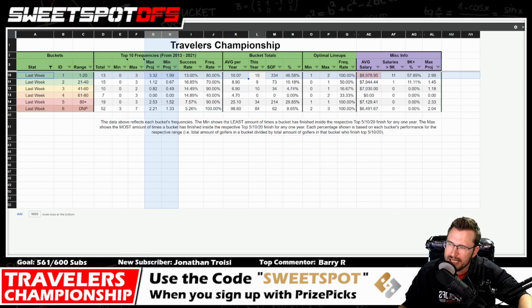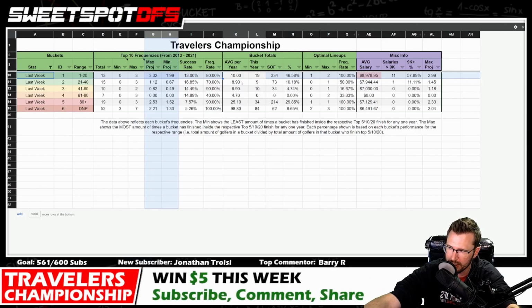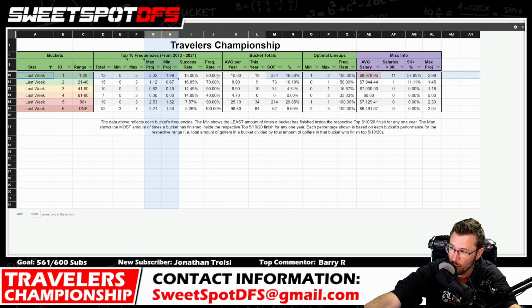We normally see 10, but this is an elevated event, so a lot of people from the U.S. Open are coming to this event. Without the elevated status, it's still a 13% success rate and 80% frequency rate, meaning 8 of the last 10 years we've seen at least one golfer from this bucket inside the top 10. And if that's the case, then yes, you'll want to select golfers from this bucket.